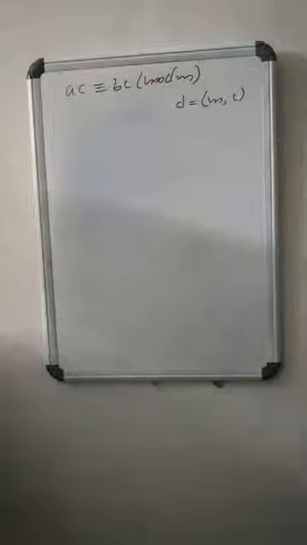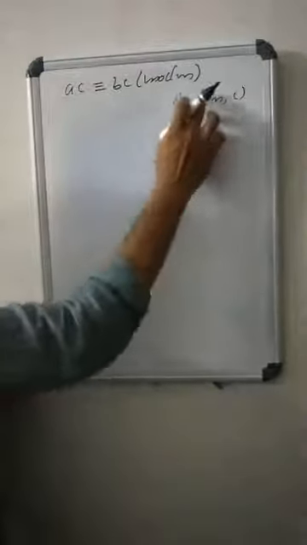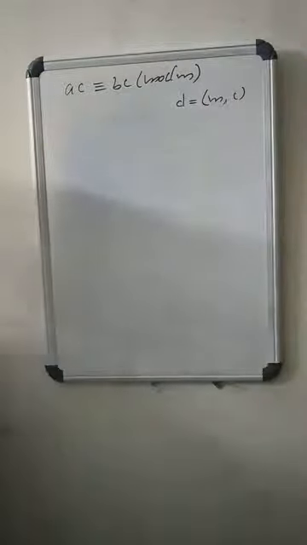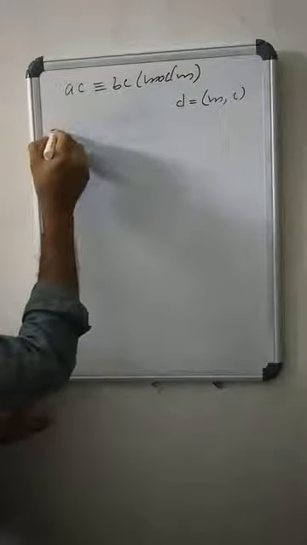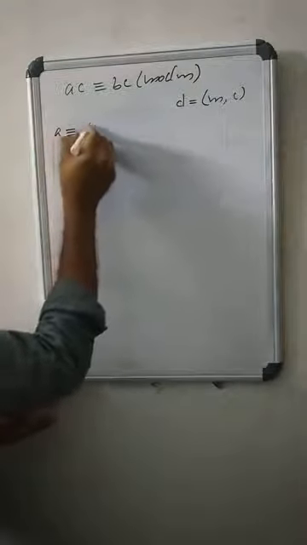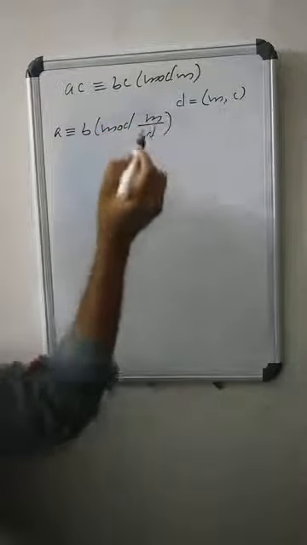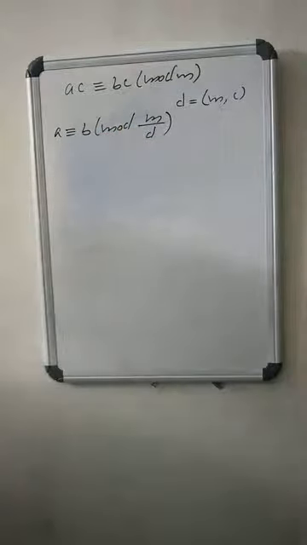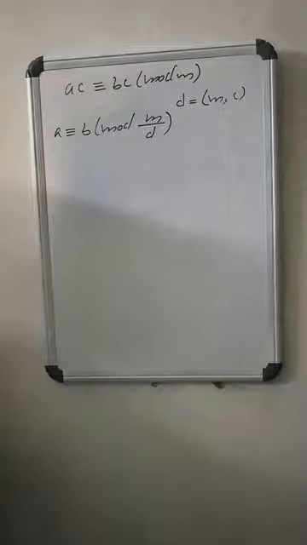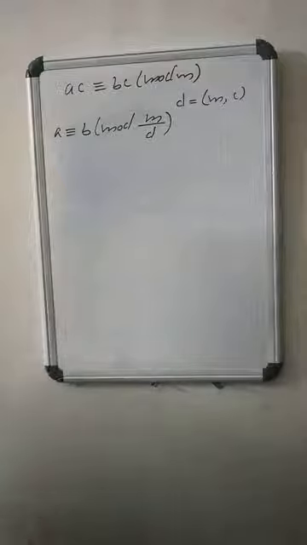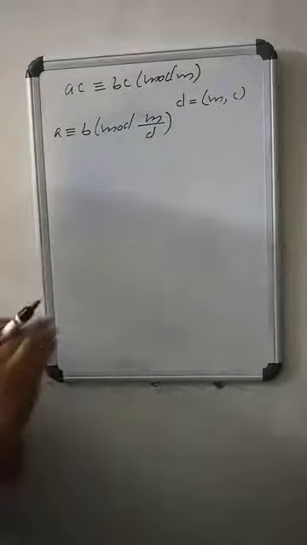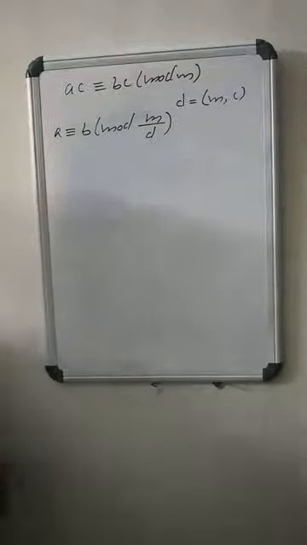Then if D is the GCD of the modulus and the common factor, we have A congruent to B mod M by D. So this is the condition for the cancellation law with respect to congruence.